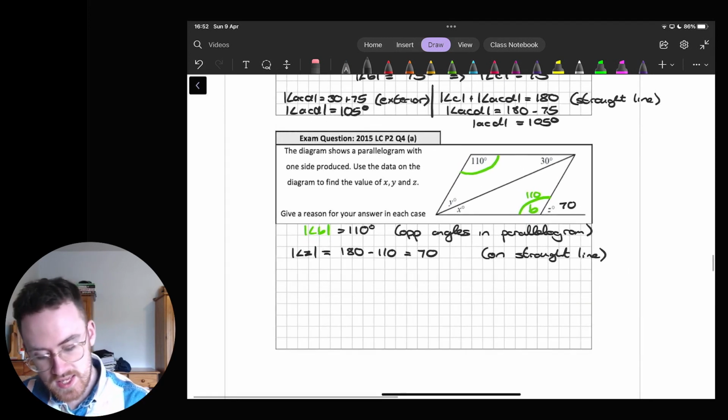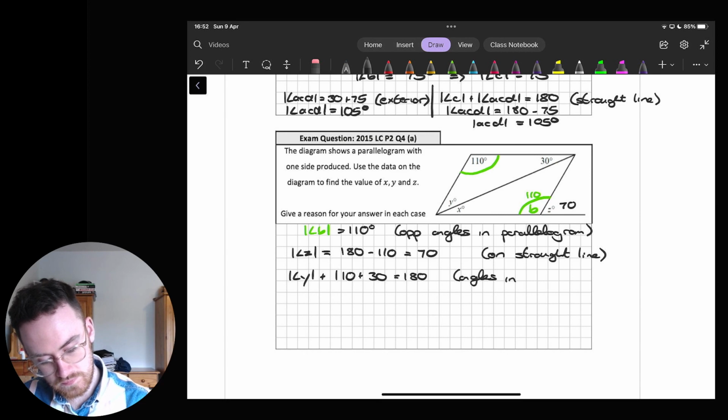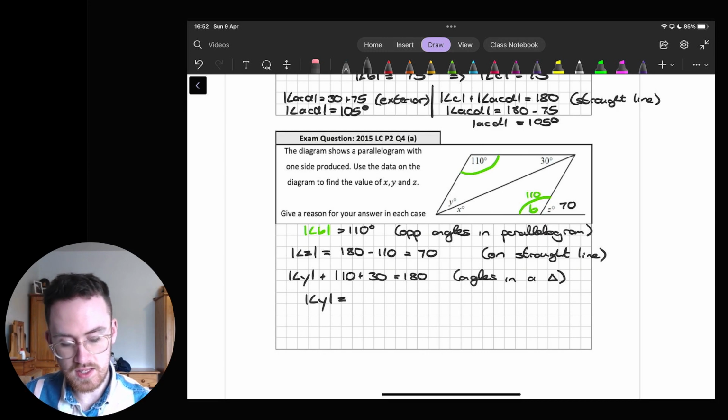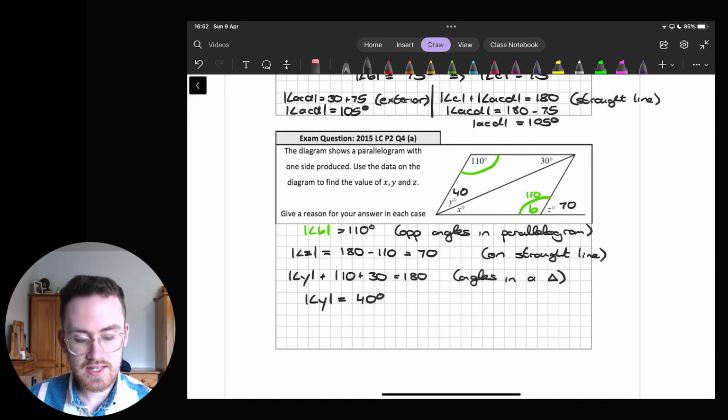We can find Y fairly easily by saying that the angle Y plus 110 plus 30 should be 180, and that is angles in a triangle, which gives me that angle Y is 40 degrees. That's just by taking the others away. So angle Y is 40 degrees. We can fill that in very easily.